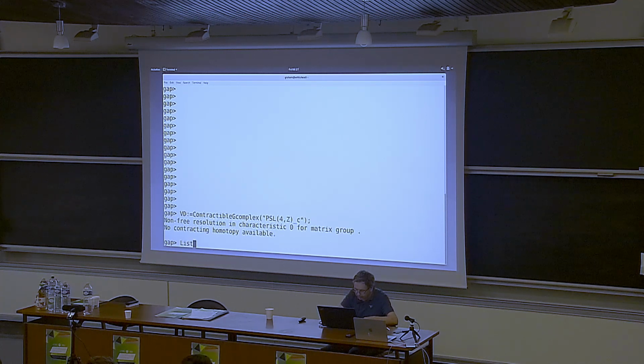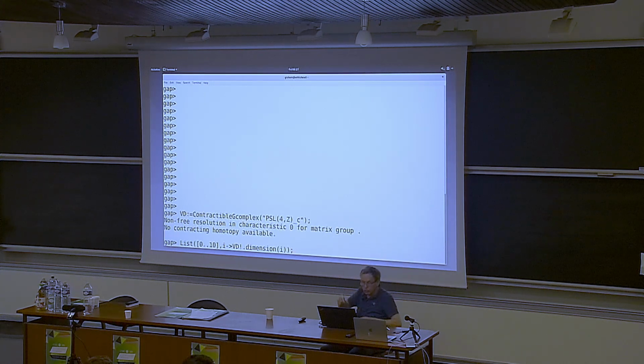Let me list in degrees from 0 up to, let's say, 10. For each degree, let me work out, VD is what I called it, the number of orbits of cells in each dimension. Because what we have here is a representation of an equivariant, infinite dimensional, non-compact space, but it's a fundamental domain.